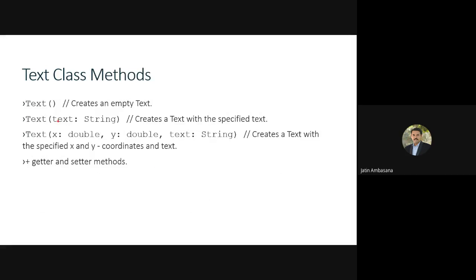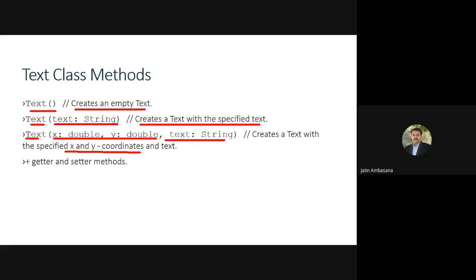Then we have the Text constructors: one which creates an empty text, one with a string, which creates a text with a specified string, and one with X, Y values and the text itself, which creates a text at specified X and Y coordinates. And even getter and setter methods are there.